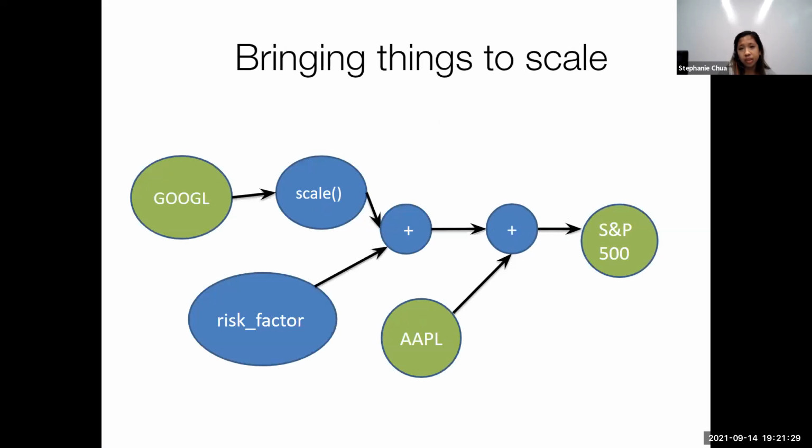You can also bring things to scale. You can imagine each computational node being some very expensive function to recompute. Going back to our earlier example of pricing an ETF like the S&P 500, say the price of the S&P 500 in our terms is the sum of Apple and some Google stock.